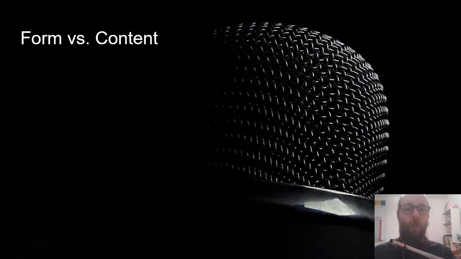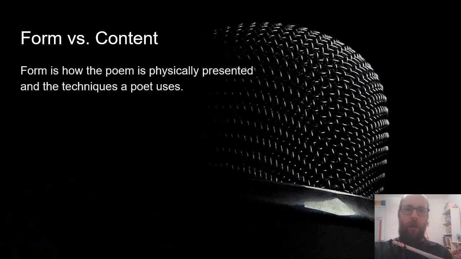But let's look at form versus content. What is this concept and what does it have to do with poetry and art? So, first, form. Every poem has a form and every poem has content. Every painting has a form and every painting has content. Form is how the poem is physically presented and the techniques a poet uses within that poem. Okay?